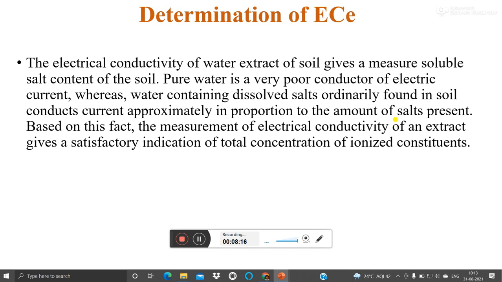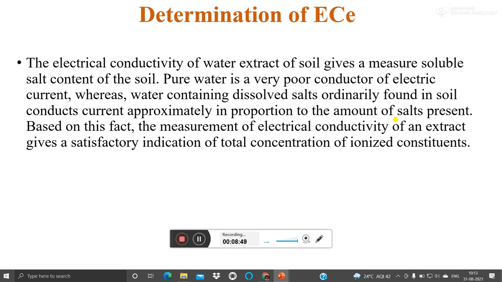Next is the determination of EC, that is, the electrical conductivity of this extract. The electrical conductivity of the water extract of soil gives a measure of the soluble salt content of the soil. Pure water is a very poor conductor of electric current, whereas water containing dissolved salts ordinarily found in soil conducts current approximately in proportion to the amount of salt present.